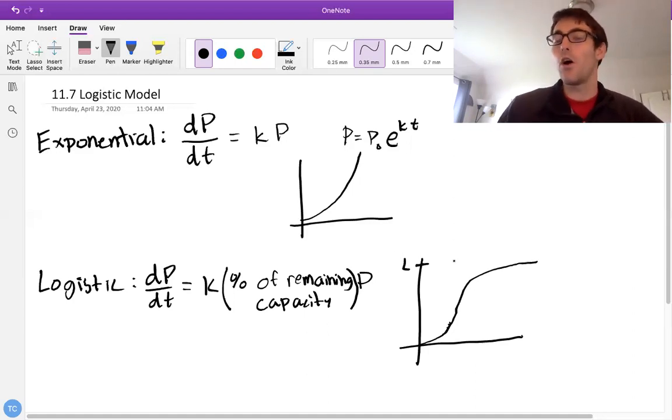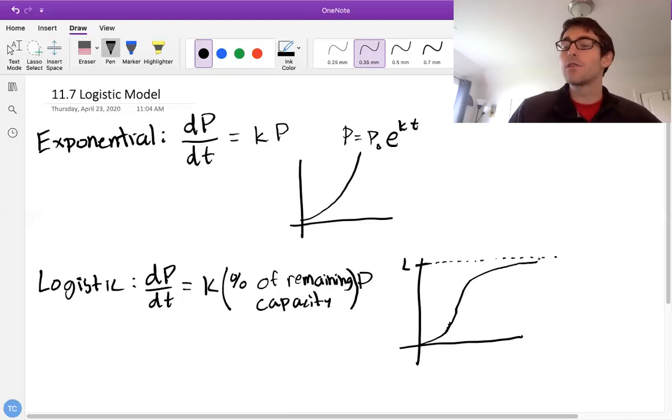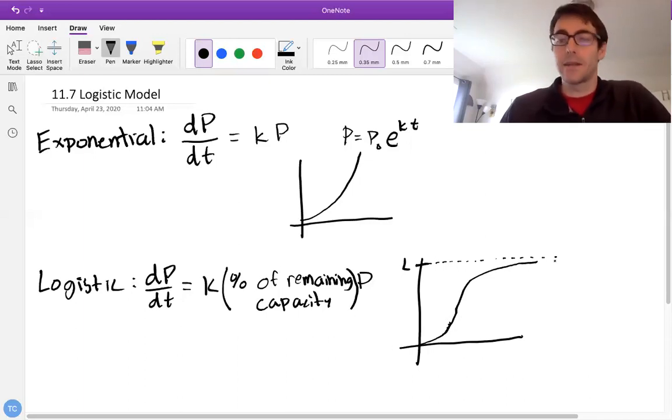We're typically going to call this limiting factor L, and our solutions are going to look like this curve. This is called a logistic curve, and it's going to end up being the solution to this particular differential equation once we fully set it up.